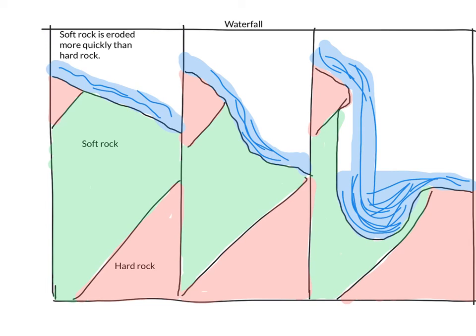Here we can put in a label of rapids, because they would be one of the first stages in forming our waterfall. And over here we're going to have an overhang, and we will have also a plunge pool.